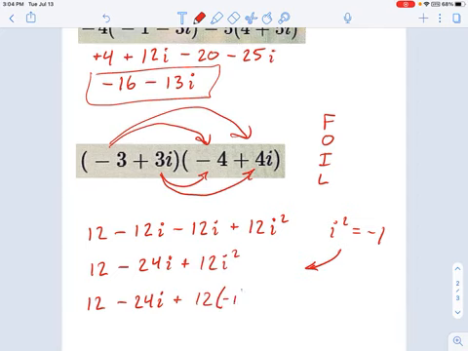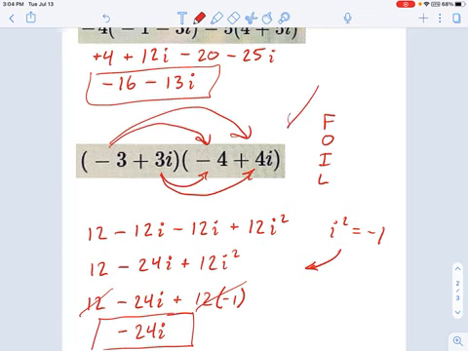And i squared is that negative 1 thing. So this becomes, well, 12 is going to cross out with negative 12, and all you have left at the end is negative 24i, a purely imaginary number. And sometimes that happens. You might get, as a result of multiplying two complex numbers together, a purely imaginary number or a purely real number. You just have to go through the algebra and figure it out.